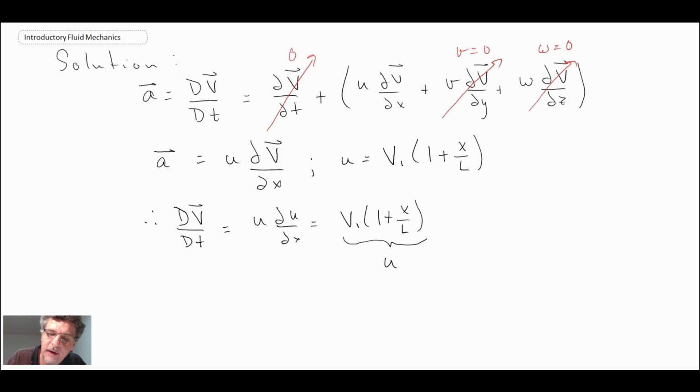So du dx would be v1 over L. With that, we can then write out the acceleration in the x direction.